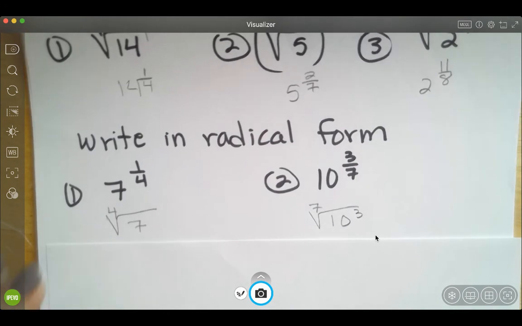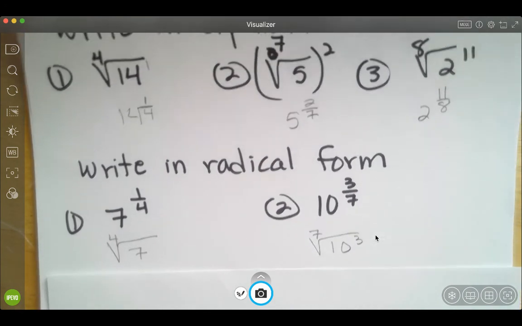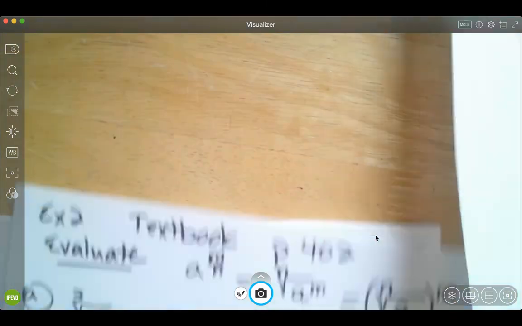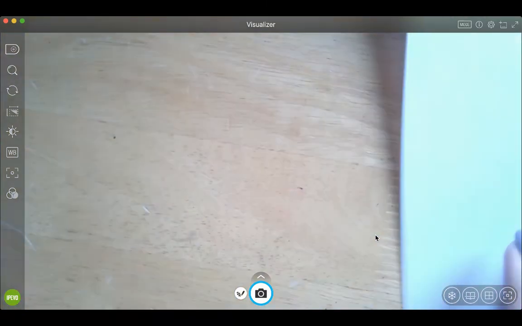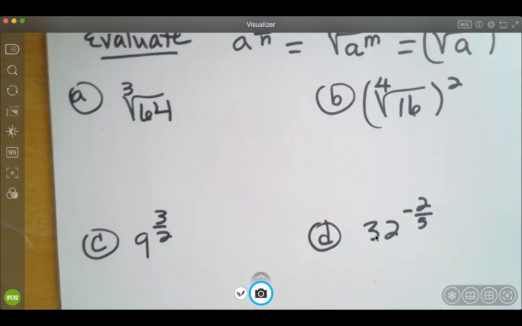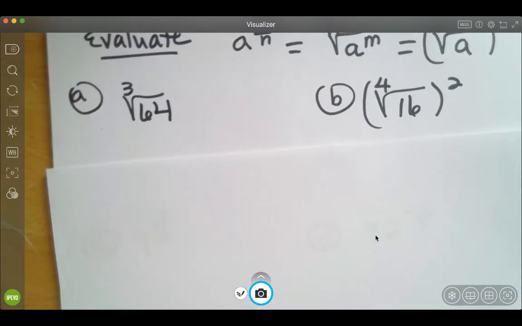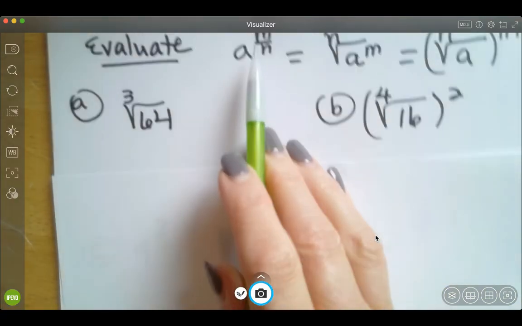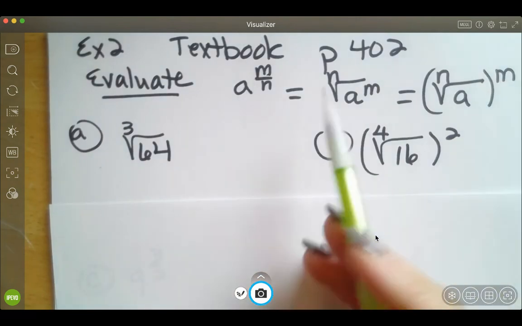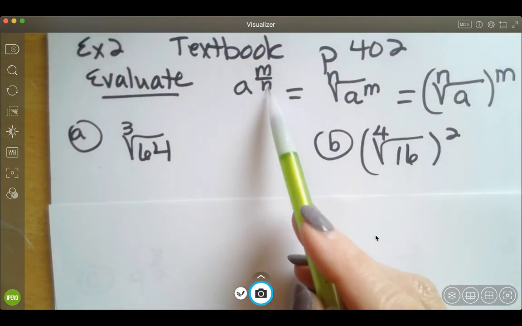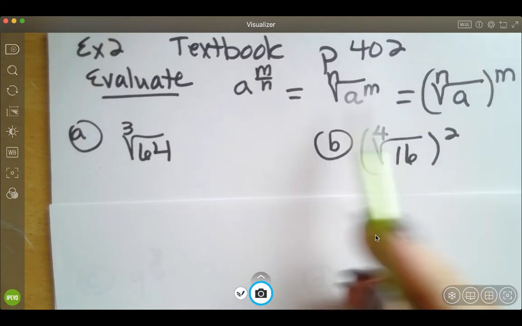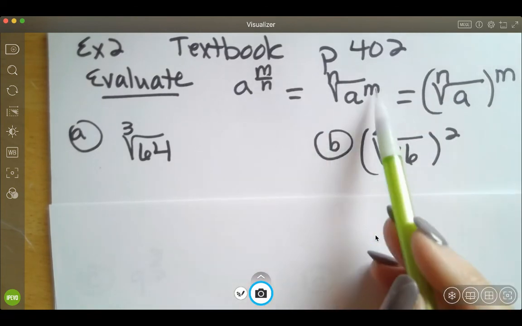So we have one more thing I'd like to go over with you, and it's evaluating. And again, this is just a reminder that a to the m over n, this is my root number, this is my exponent, and it could be under or out.